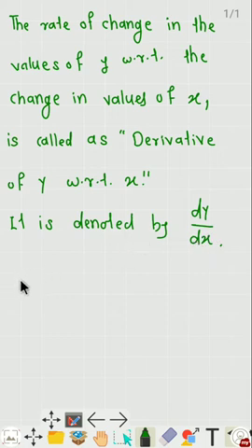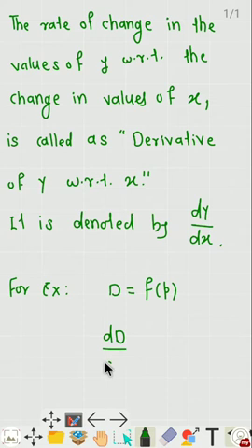Now let us take some examples. For example, if the demand function is denoted by D equals f of p, a function of price, then the derivative of D with respect to p is denoted by the notation dD by dp, or we have another notation D dash, or one more notation y dash also.